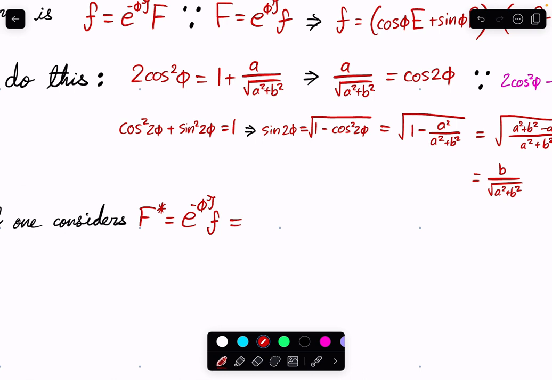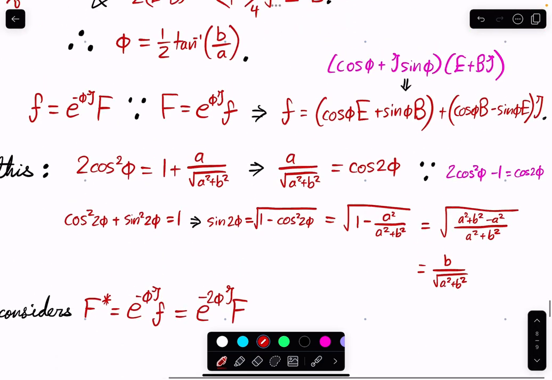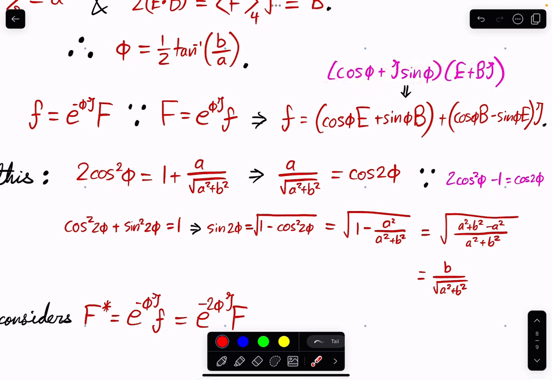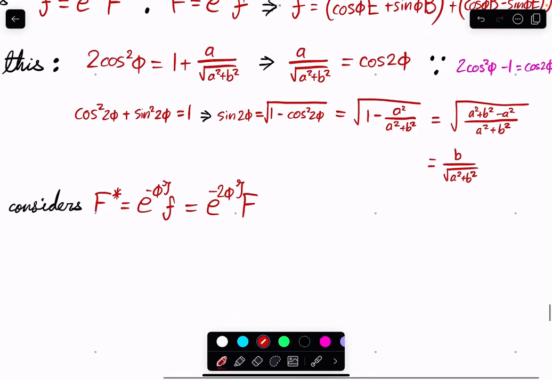So it's equal to e to the 2 phi I negative f, and we know f, and so it ends up being a similar expansion to this, except where instead of cosine phi and I sine phi, you just have these a over and then b over magnitudes.